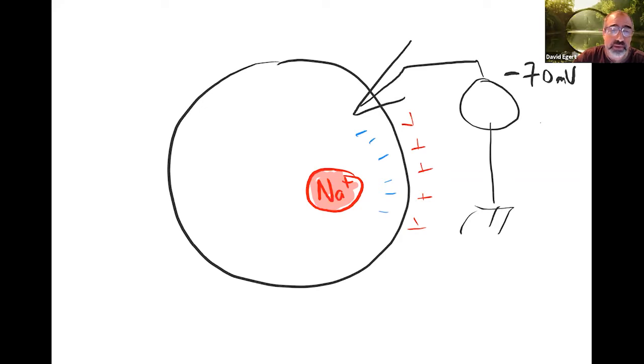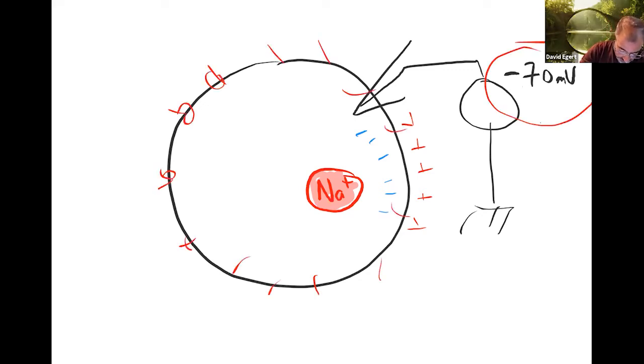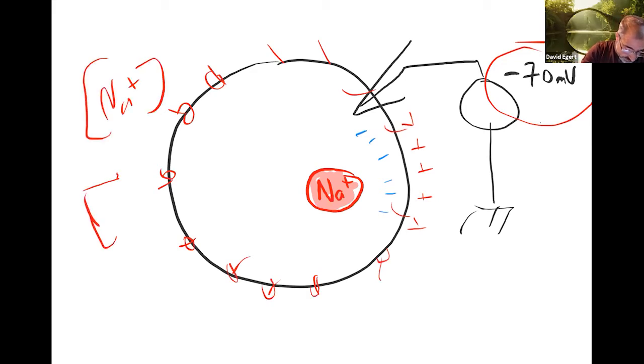And we're going to talk about the reason this exists. It exists because of a combination of what kind of channels are open, what's the permeability of the membrane at rest, and also what are the concentrations of sodium and potassium inside and out of the cell at rest.